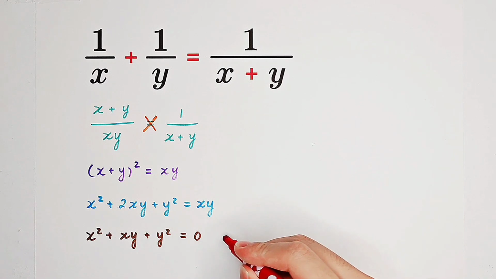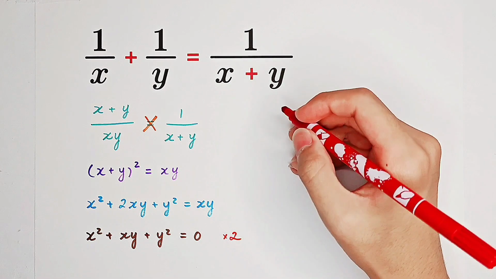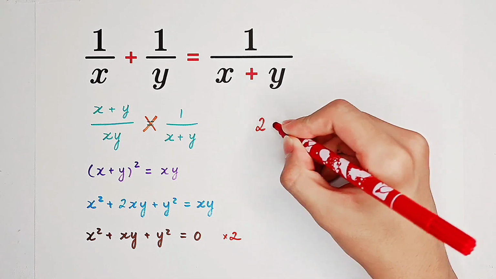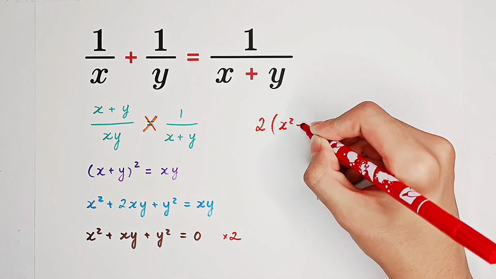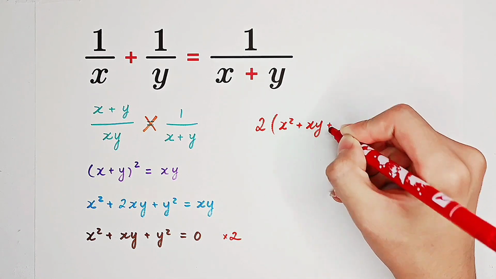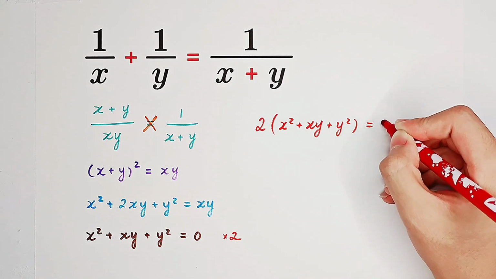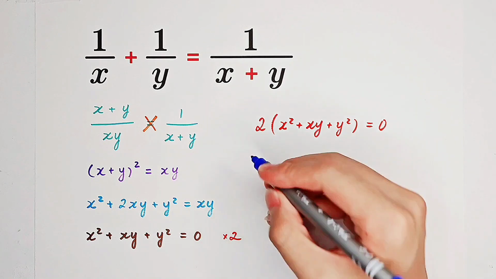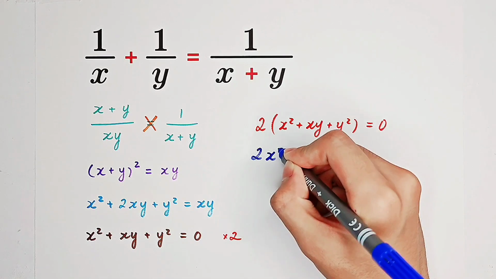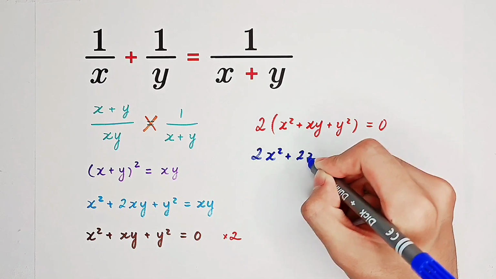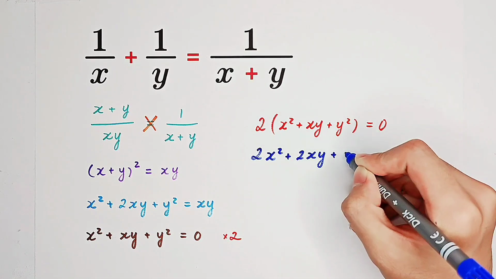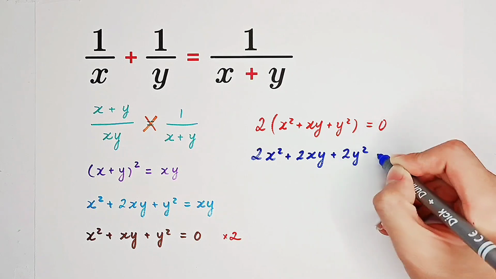So here, what I'm going to do is multiply both sides by 2. The left-hand side is 2 times x squared plus xy plus y squared, equals 2 times 0, which is 0. It's going to be 2 times x squared plus 2 times xy plus 2 times y squared equals 0.